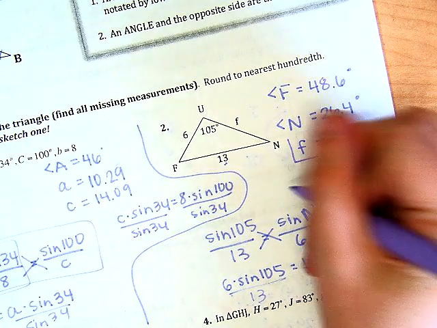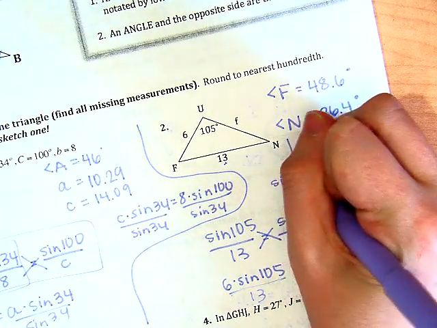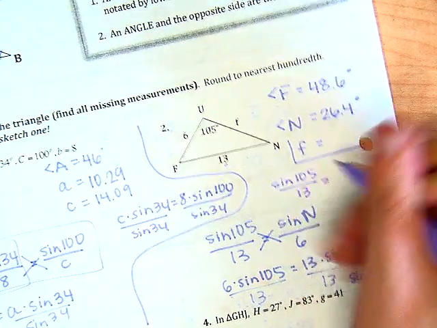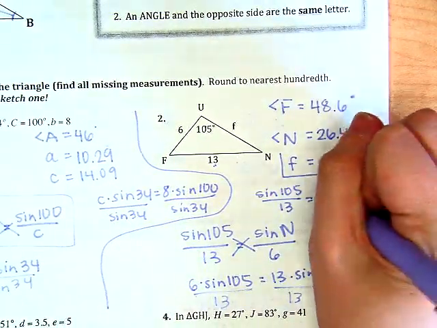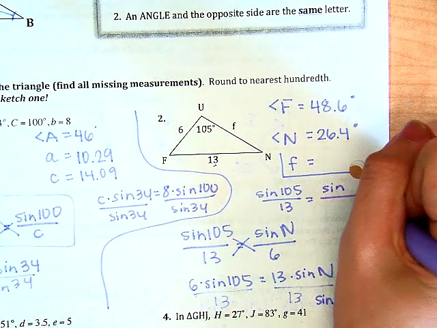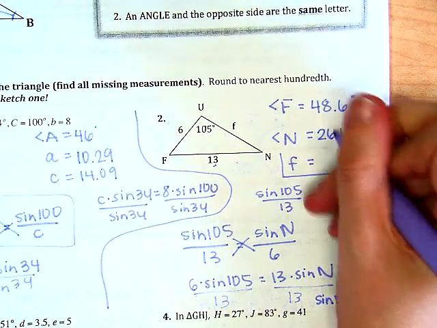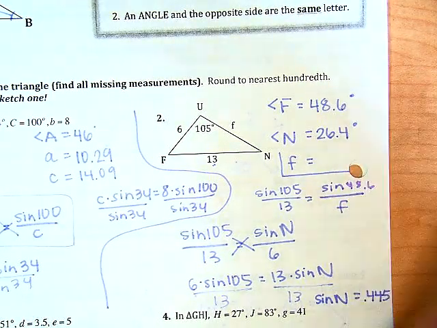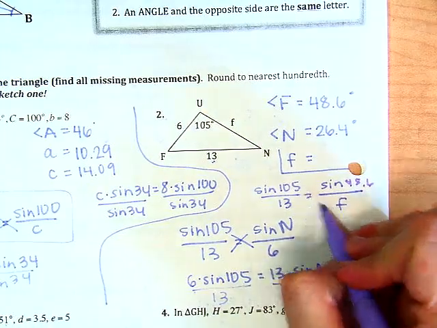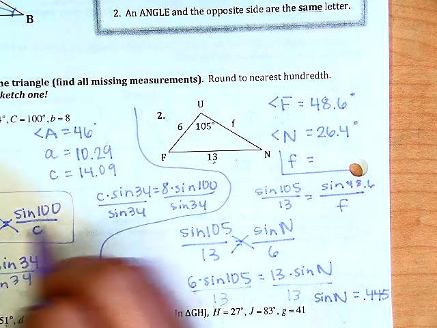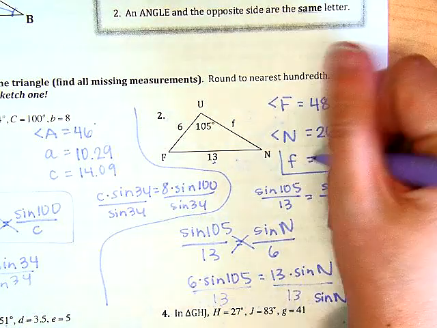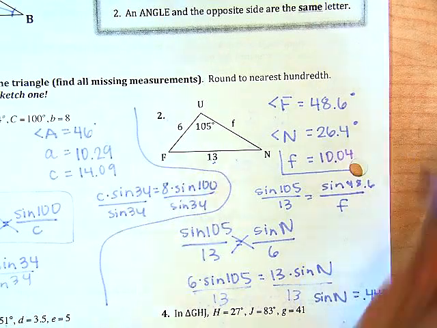Sine 105 over 13, because those are across from each other, equals sine of angle F, 48.6, over F. Do your cross multiplying, same as we did in the first example, and you get side F to be 10.04.